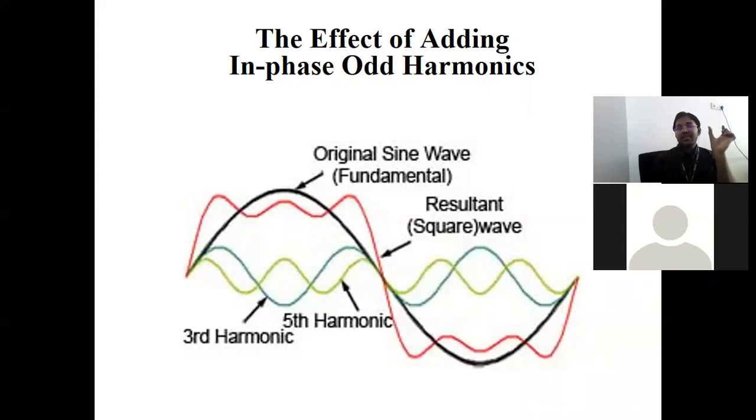The first, omega t, is your fundamental. Then 3 omega t, 5 omega t, if you have odd harmonics, and so on. Even harmonics, 2 omega t, 4 omega t, and so on. So this is your fundamental frequency signal, which is sin omega t. The black one is sin omega t.